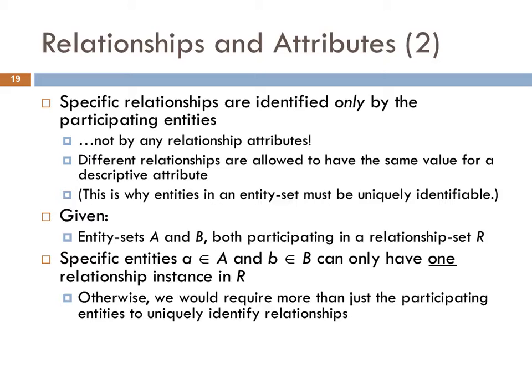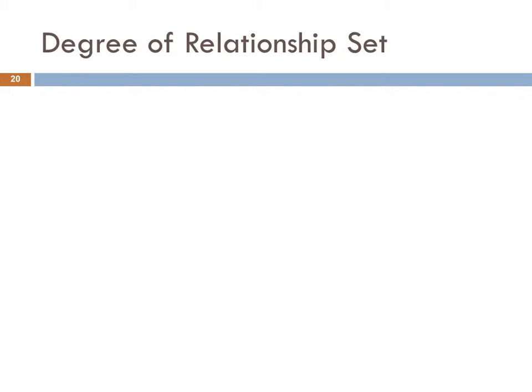We can have Smith and L14. But there can only be one instance of Jackson and L14. Okay, that's all we're saying here, except this is more generalized. Does that make sense? This is one area where sometimes people struggle a little bit with understanding the entity relationship model. Hopefully you won't have too much difficulty with that.